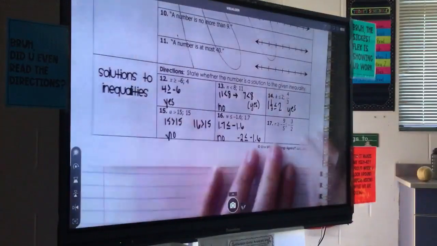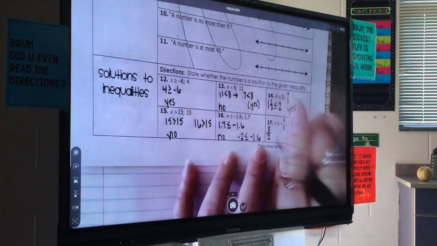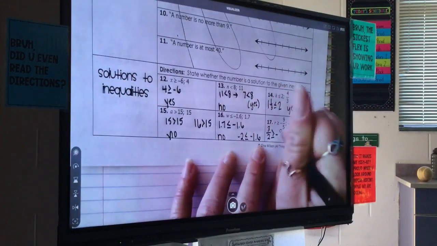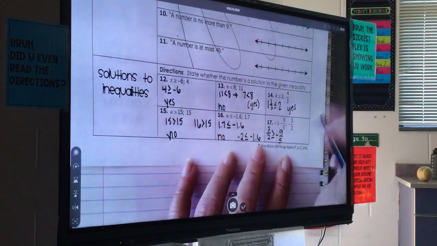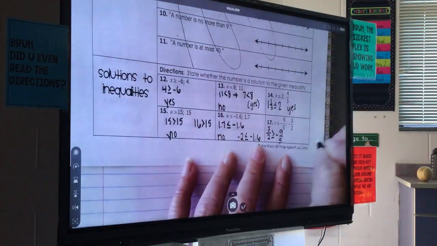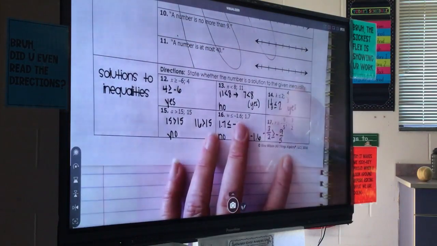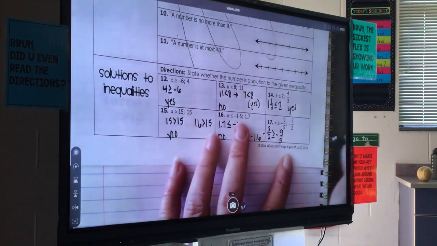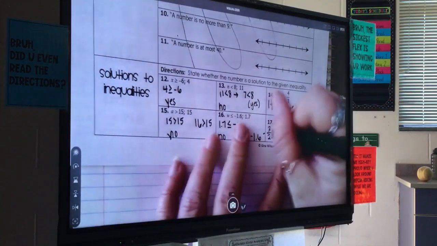All right, the last one. You have 3/2 is greater than or equal to negative 9/5. All right, is that a true statement? So is this a true statement? So when I change negative 3/2, what does that become?